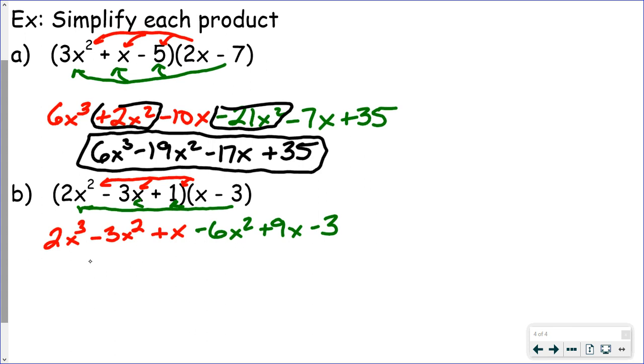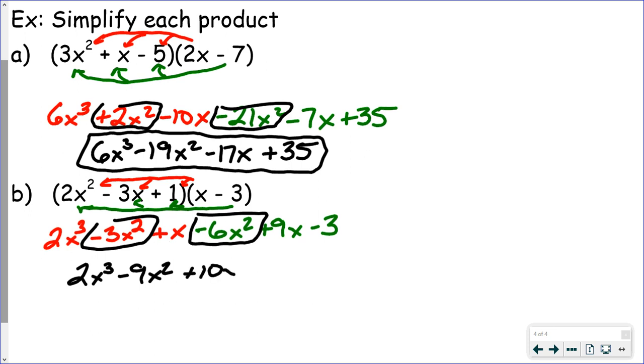So 2x cubed, there's nothing to combine that with. X squared, I have 2 of those, so I have a negative 3x squared and a negative 6x squared. So that's going to give me minus 9x squared. And then for the x's, I have an x plus a 9x, so that's 10x. And then minus 3.